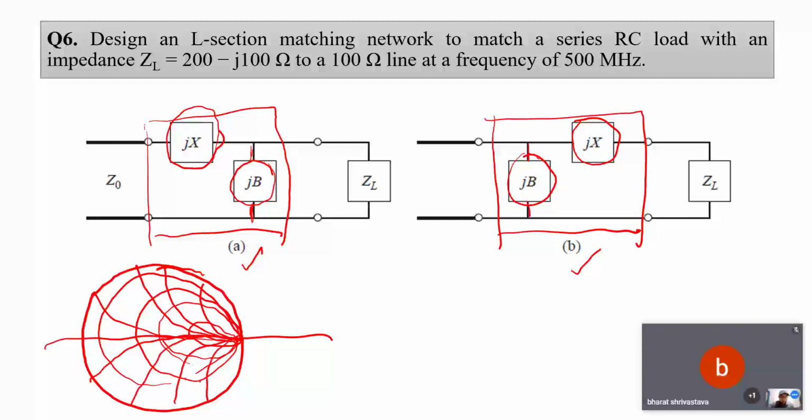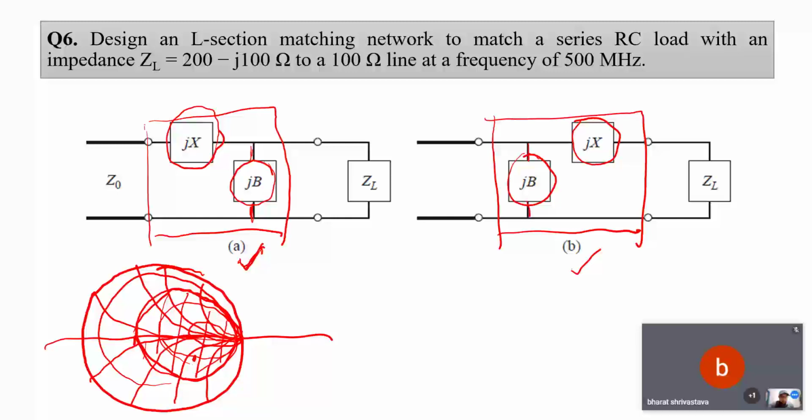Suppose this is the unity circle, this one represents the unity circle. If our normalized load impedance comes inside this unity circle, then we will use configuration A.